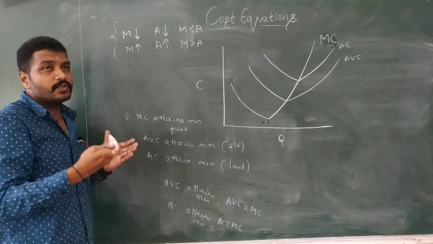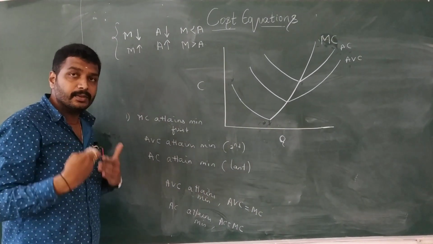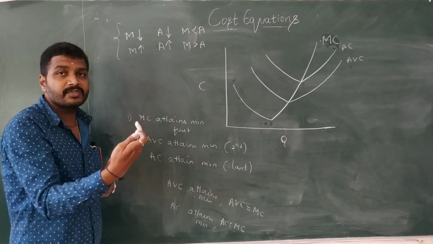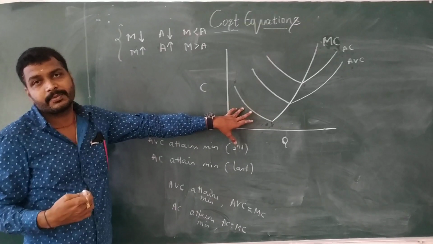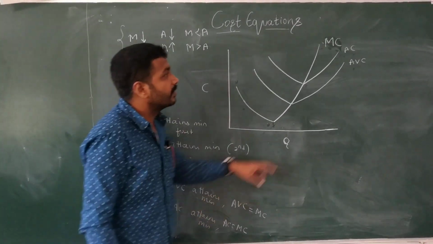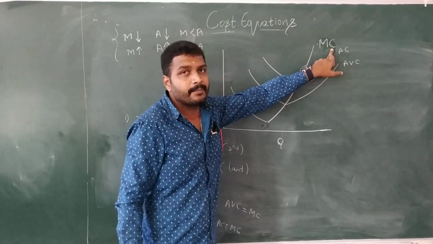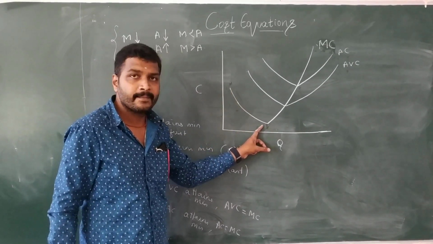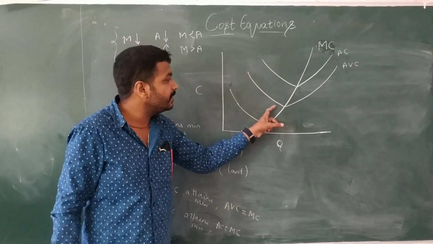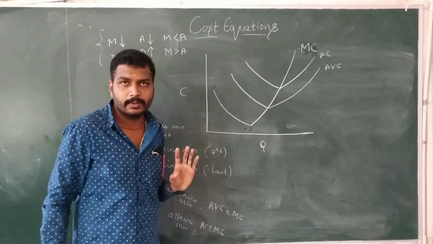Okay, this we have studied as well as understood in the case of product curves, but now we need to understand the same in the case of cost concepts. Now look here, consider MC. When MC is falling, no doubt ABC will fall, AC will also fall.